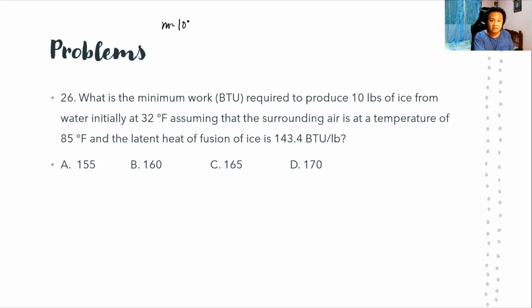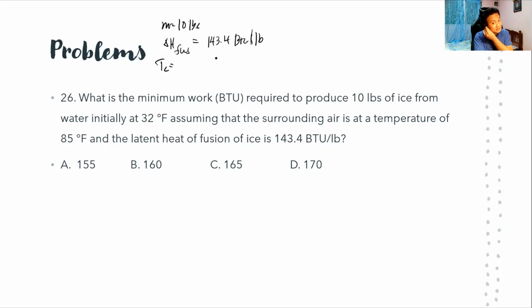Let's just write our givens here. We have the 10 pounds of ice, and then we have the latent heat of fusion, h-fuse, of ice, which is equal to 143.4 BTU per lb. Then we have to get our TC.